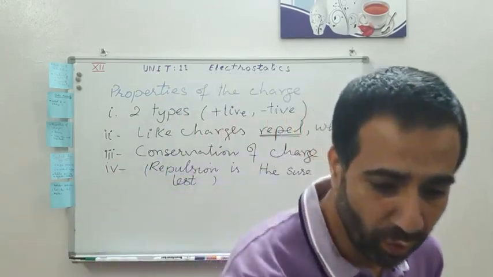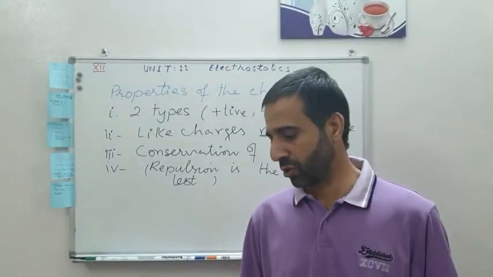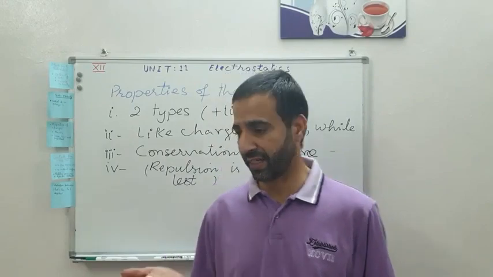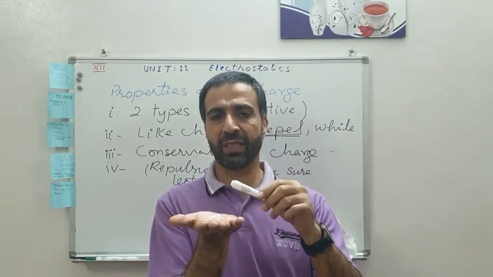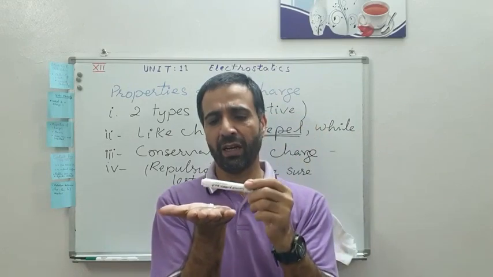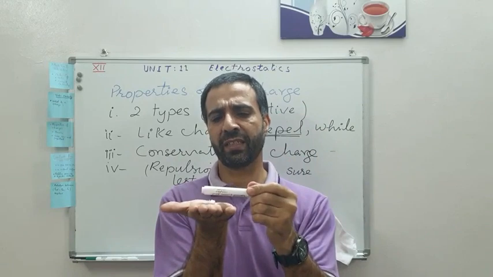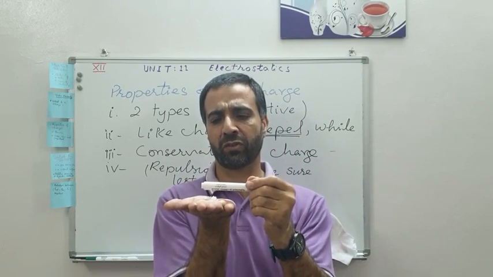Why do I say that repulsion must be a sure test? Because we cannot trust attraction. Now why? You see these pieces of paper in my hand, and you see this marker. Look, do you see any attraction? You do not see any attraction. There is no electrostatic force. Why?